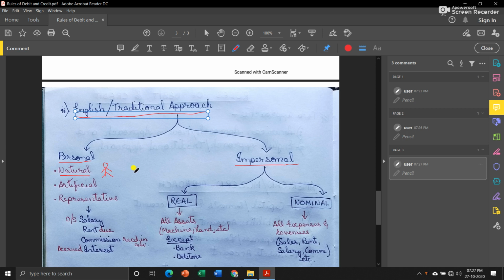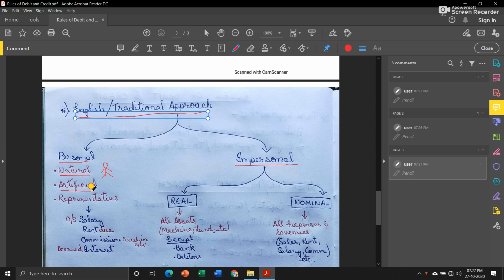For example, if a business transaction involves Ram, whether he may be our creditor or debtor, that Ram is a natural human being like you and me, so his account will be a personal account and a natural account as well.